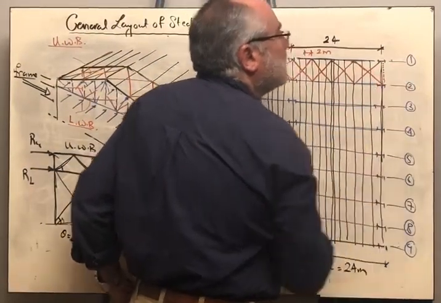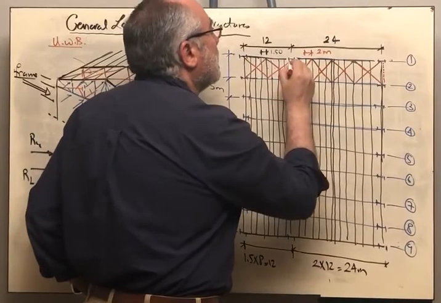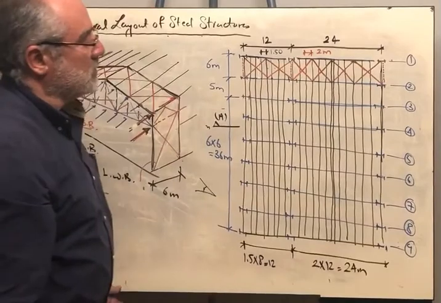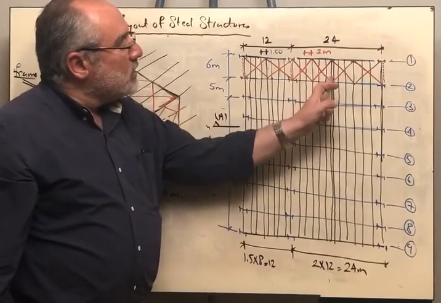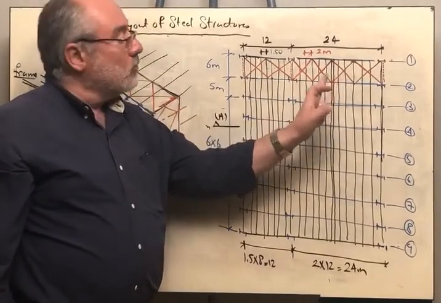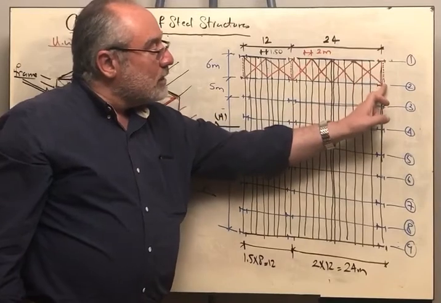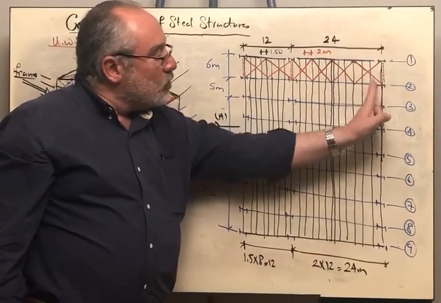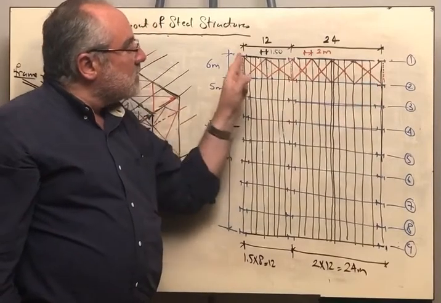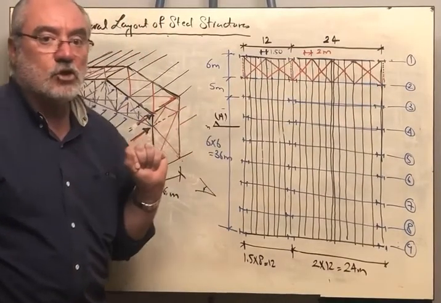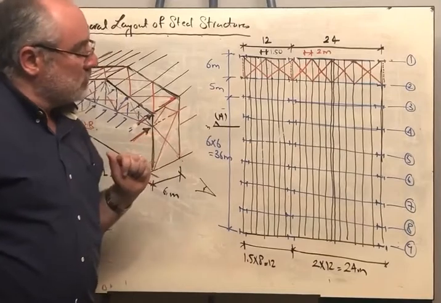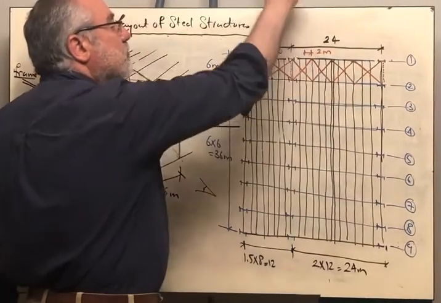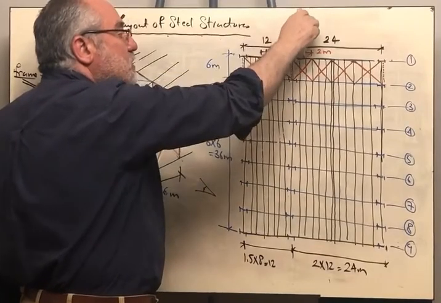I should have an indication for a vertical bracing, indication for a vertical bracing, and indication for the vertical bracing. We don't have vertical bracing in the middle because I don't have a column. We are drawing this dotted line to indicate the vertical bracing between the 2 columns. Since I'm having columns on this axis and this axis and this axis, this is the location of the vertical bracing. Okay, this system is good enough if we are having forces applied in this direction.